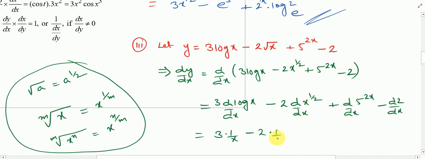So you get half over here, and half minus 1 you will get minus half, plus here we have the formula for a to the power x. We have the formula, but here we have something extra, 2x.